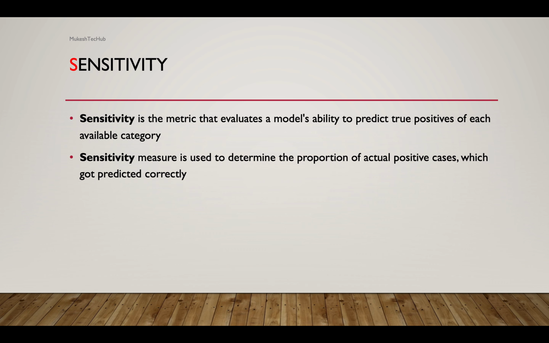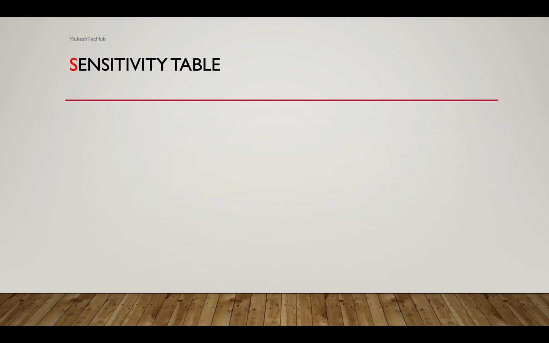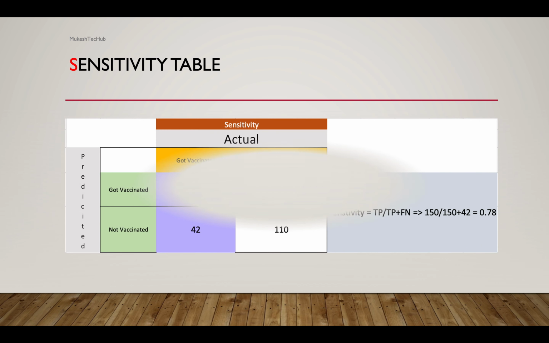Now let's look at how the sensitivity table looks like. Here we can see, similar to above, I'm using the same data set, people who got vaccinated and people who did not get any vaccine. So the sensitivity formula says true positive divided by true positive plus false negative. Here the true positive is 150, divided by 150 plus 42.